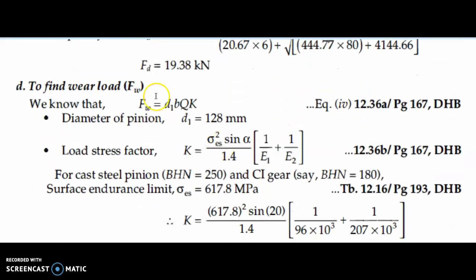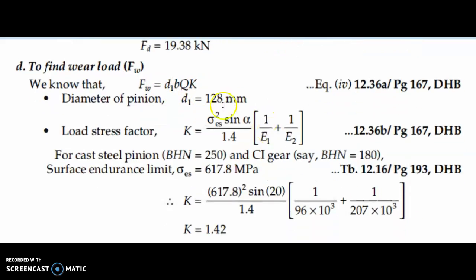And the second section, what is the value of wear load? The question already shows the value of Fw. In our data book they show the equation Fw is equal to d1 b into Q into K. You can take the value directly from our data book; the values d1, b and Q are given, but the value of K you have to calculate from this section.